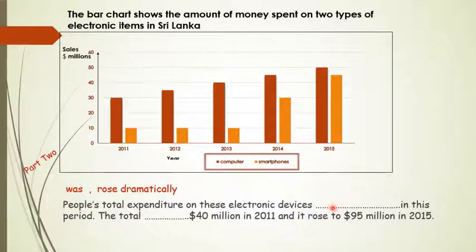See, the total, yes, 2011 it was 14, yeah, then 40, sorry, 40. The total was $40 million in 2011 and it rose to 95 million in 2015. Okay, here 40, that means 30 plus 10, 40.